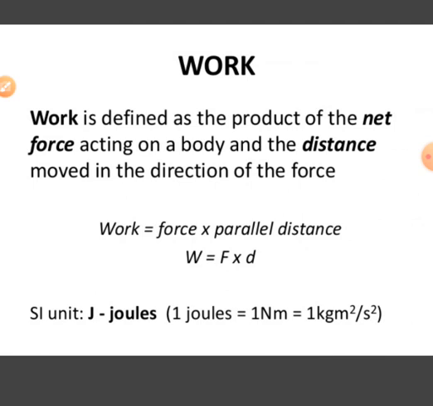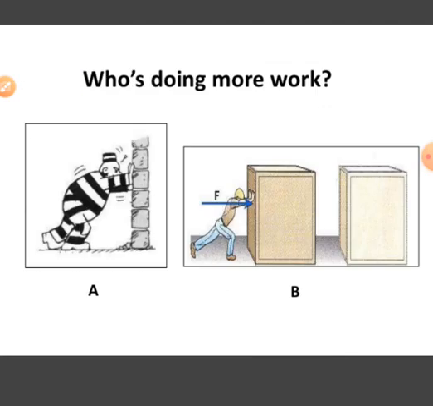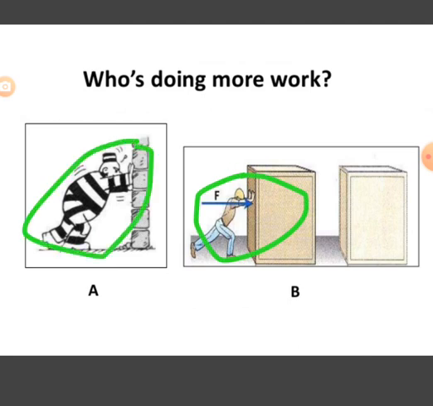So the man in figure B has done work because he is covering a particular distance in the direction of the force. Look at the arrows of the force: this man is doing more work, while this man is doing nothing.